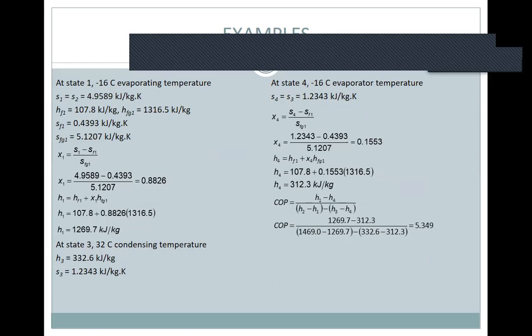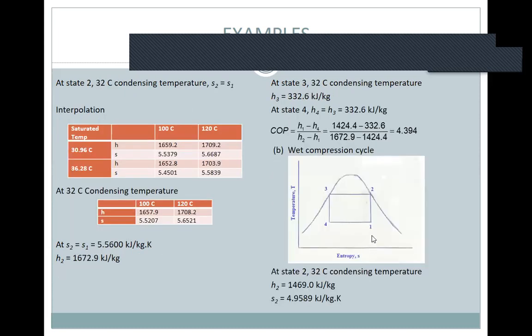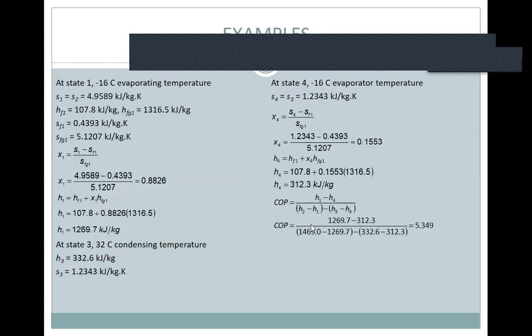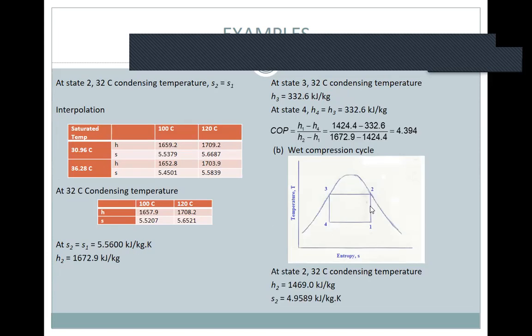So COP is equal to H1 minus H4 divided by network, H2 minus H1 minus H3 minus H4. Yan. Network or net heat. Pwede rin siyang H2 minus H3 minus the quantity of H1 minus H4.